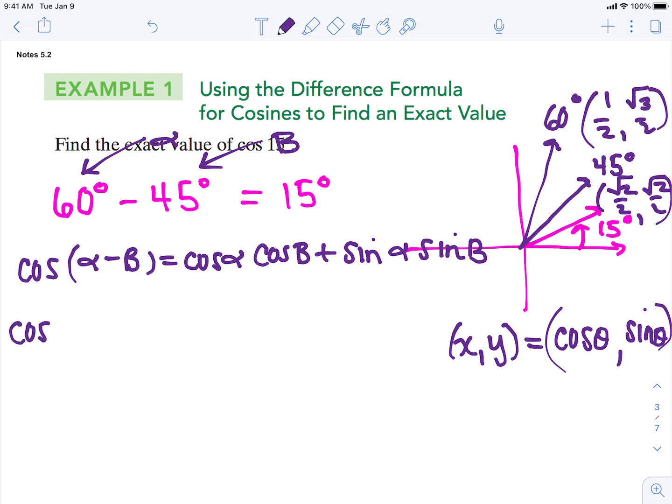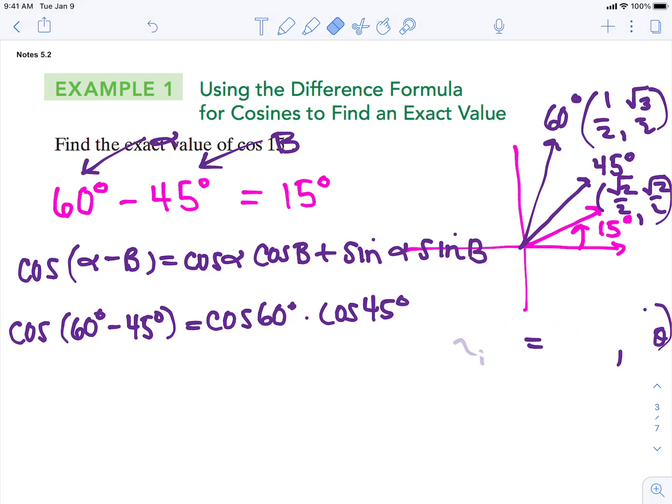So the cosine of 60 degrees minus 45 equals, now sub in your alpha, 60 degrees, times the cosine of your 45 degrees, and I'm just going to erase this here so we have some room, plus the sine of 60 degrees times the sine of 45 degrees.